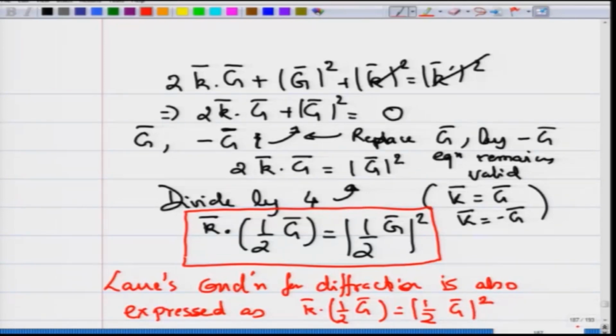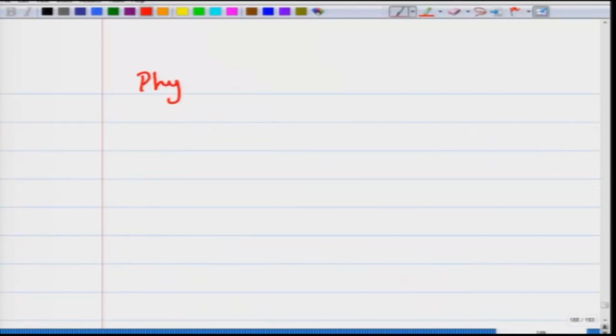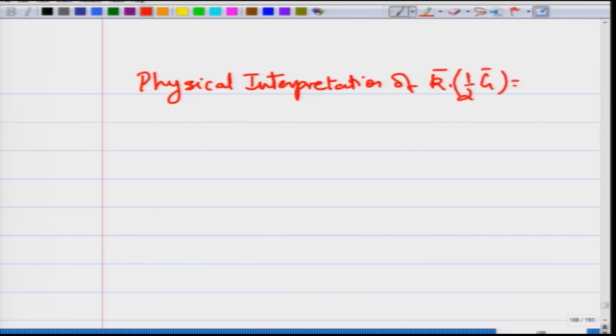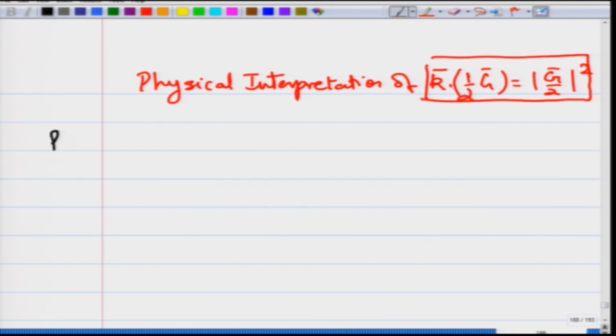So, let us look at the physical interpretation of this equation. What is the physical interpretation of this Laue condition?